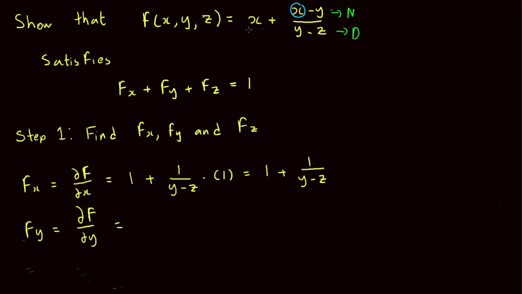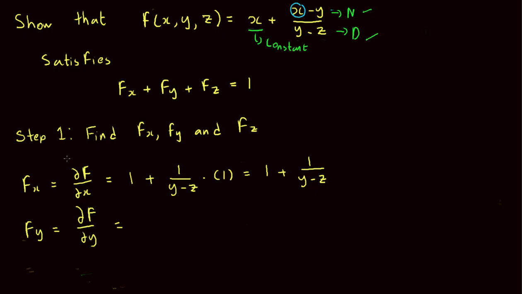And this one we can treat just like a constant. So in this case, we have to use the quotient rule. Remember the quotient rule, if you have a y in the numerator and the denominator, we definitely have to do the quotient rule.